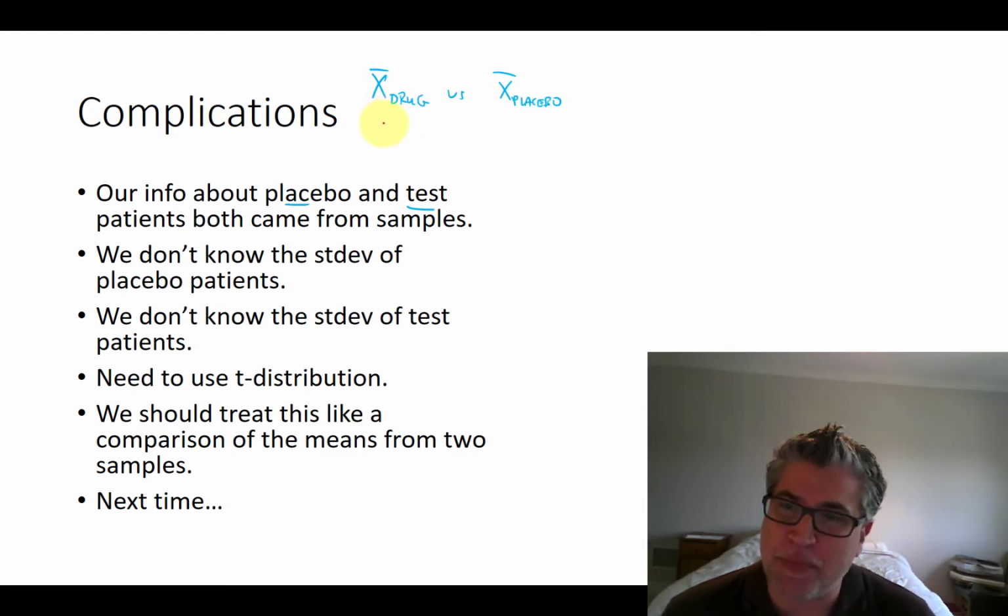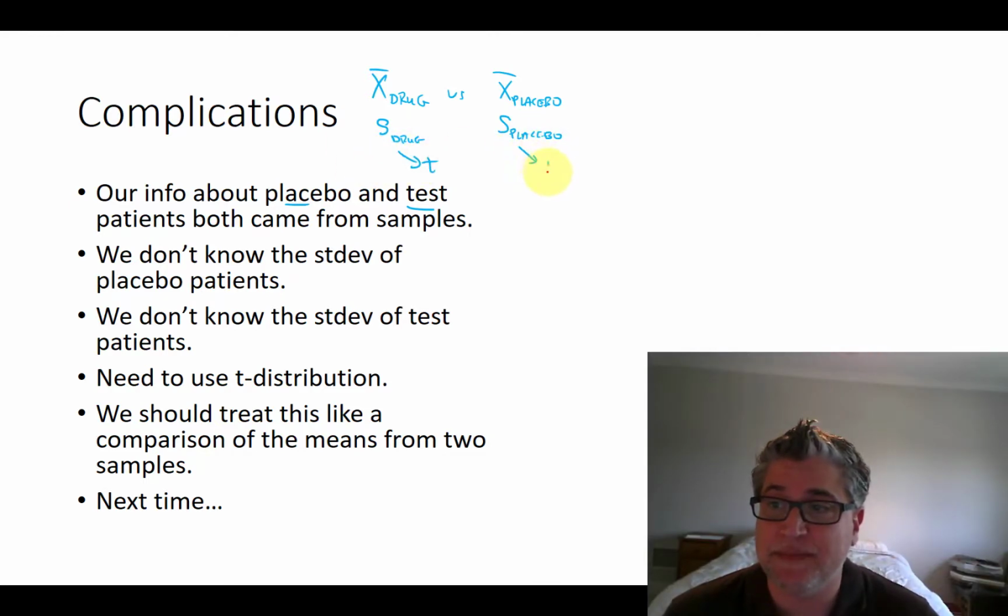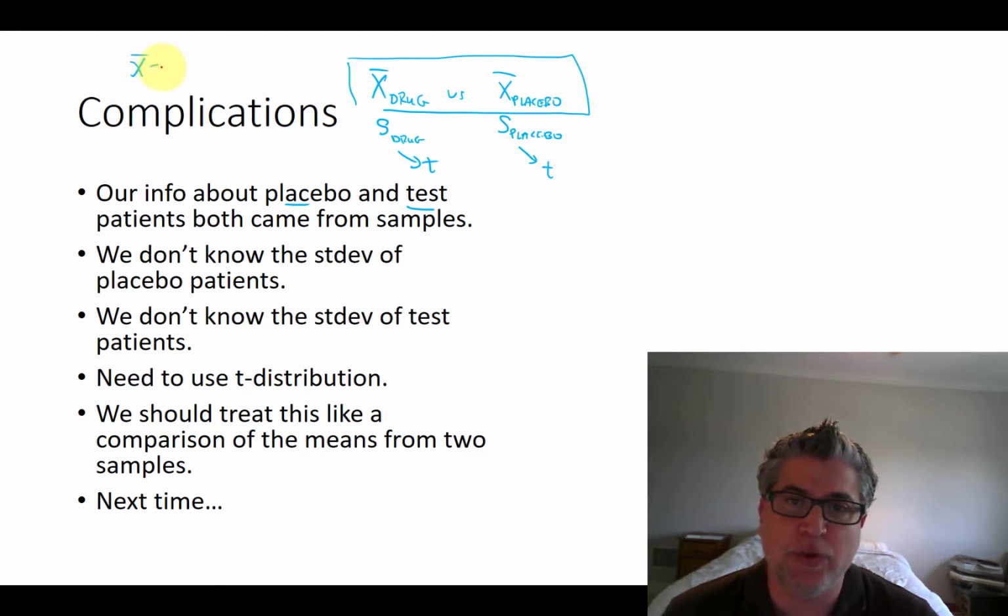So we probably have to estimate the standard deviations of the drug population and the placebo population. That also implies that we're going to be using t-tests. And then the crucial thing is that we're comparing not just an average to a particular number. We're comparing one kind of average, a random variable, to another random variable. And that brings up a whole different set of complications.